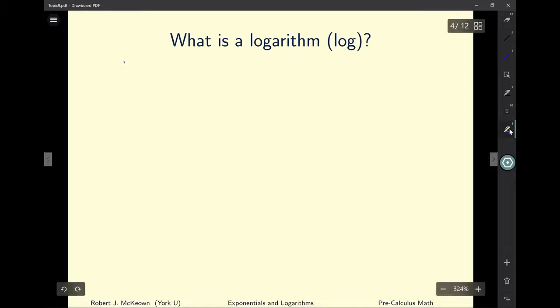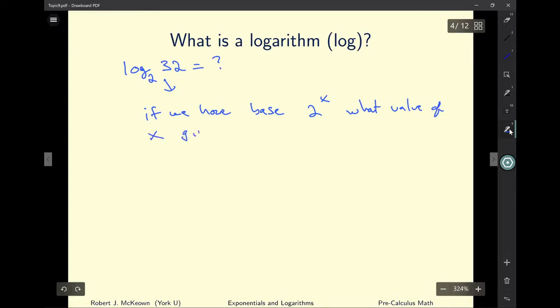Well, if we write something like log base 2 of 32, this is like saying, if we have base 2, what value of x gives us 2^x = 32.